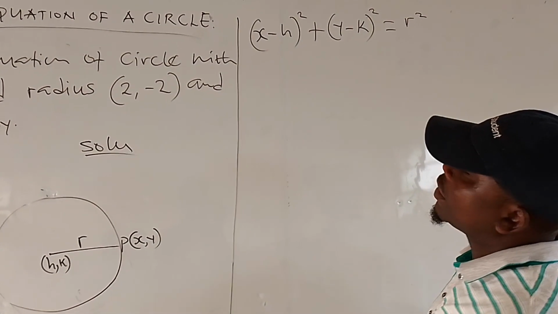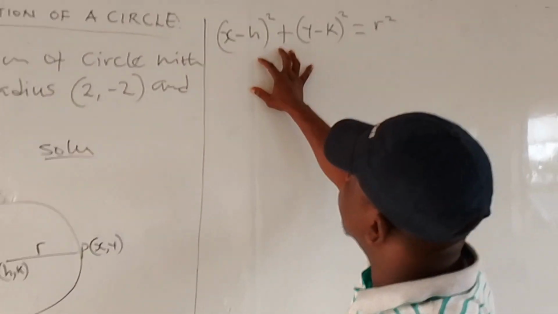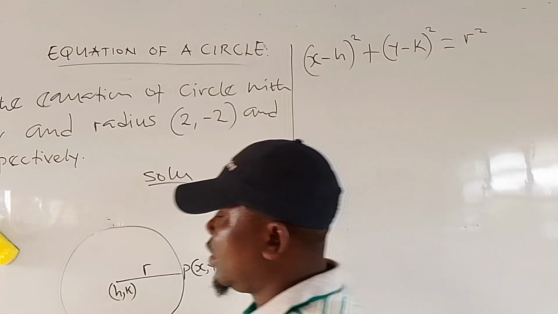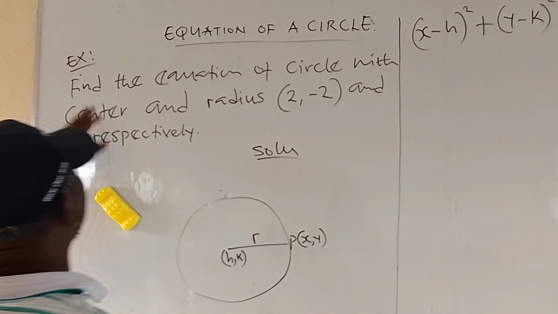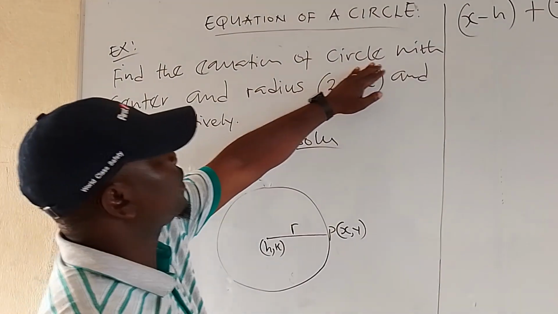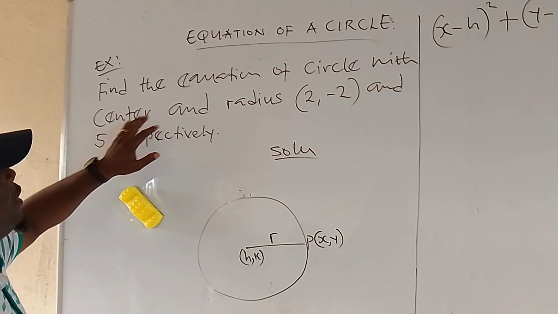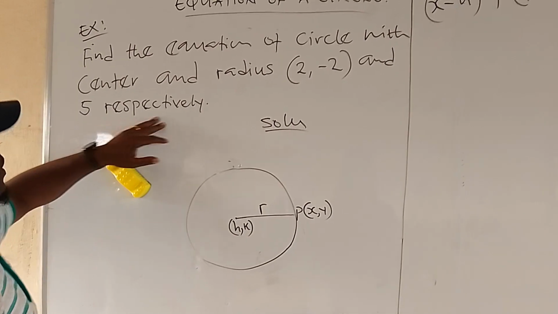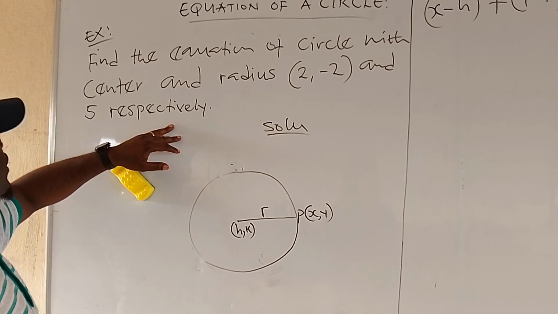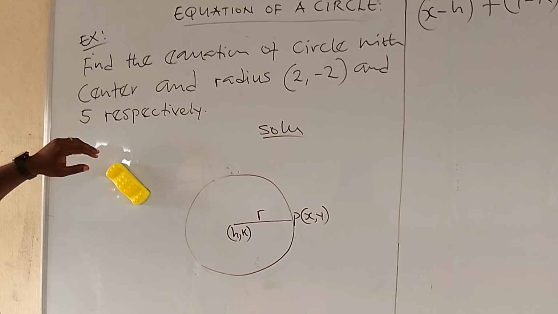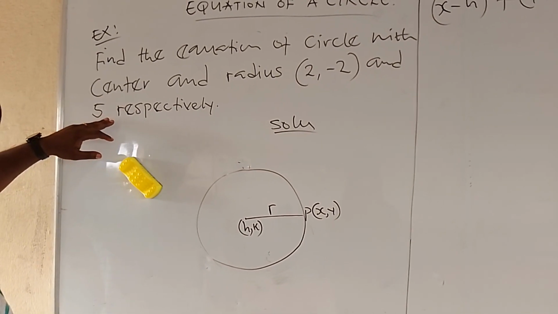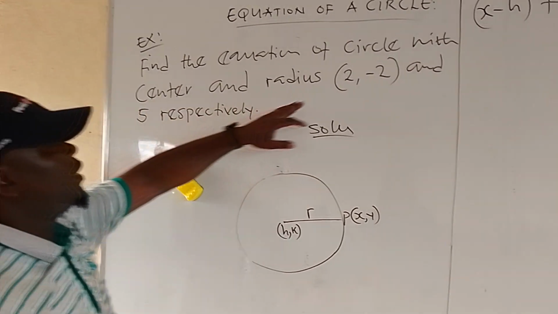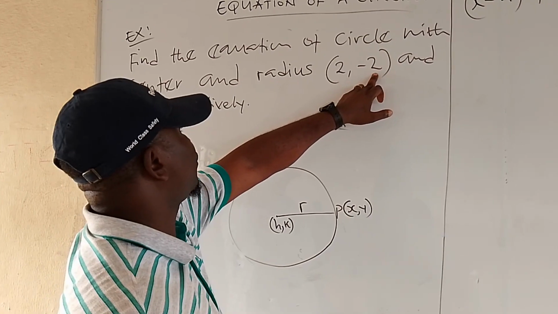So it means we are going to use this to solve this problem, because it says that we should find the equation of a circle with center (2, -2) and radius 5 respectively. Are you following? Okay.